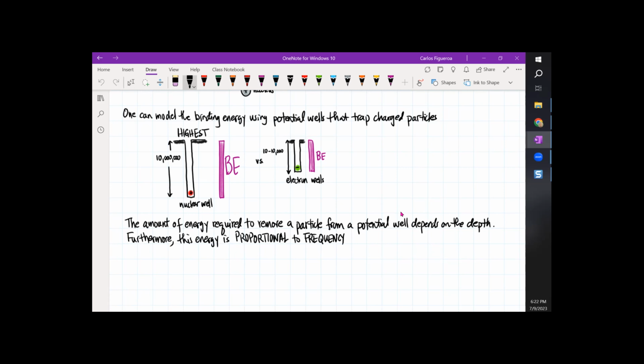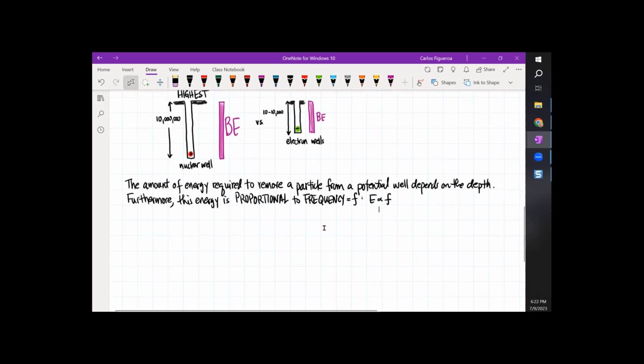At lower class levels, they typically write frequency as little f, but that's not the way it's typically written. It's written as the Greek letter nu. But this tells us that the energy is proportional to frequency, not wavelength, as I'll talk about in a moment.